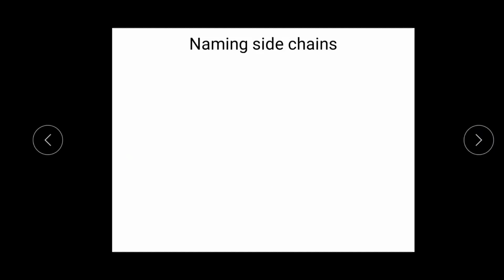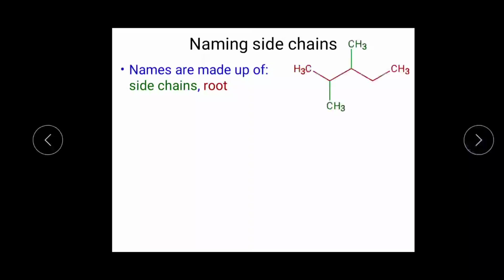So, naming side chains. Names are made up of side chains and the root name. So this is a 2,3-dimethylpentane. Okay, how many carbons? 1, 2, 3, 4, 5, 6, and 7.